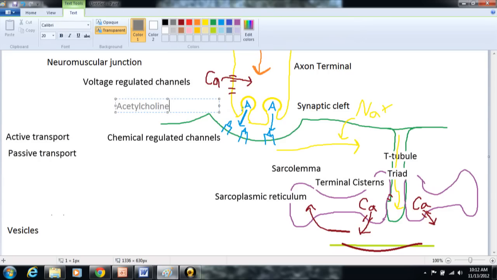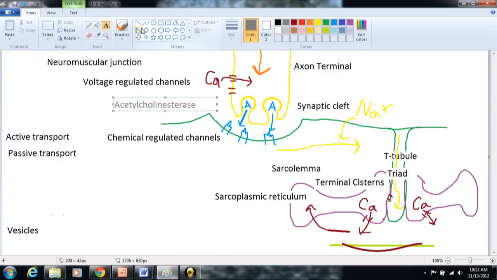And what it does is it breaks apart acetylcholine, so it comes in here and it breaks acetylcholine into pieces where it's no longer functional and no longer binds to the receptor. So that stops this signal from being transmitted, which keeps calcium from being released.